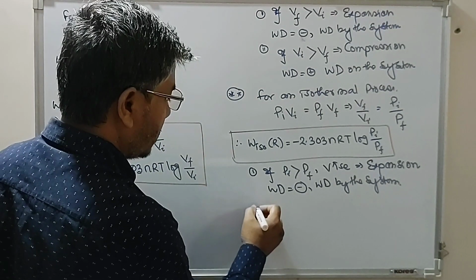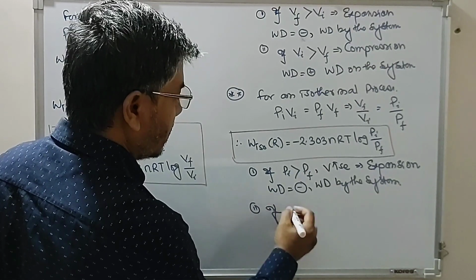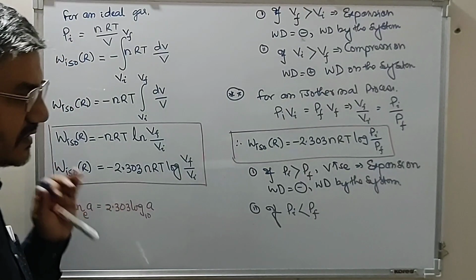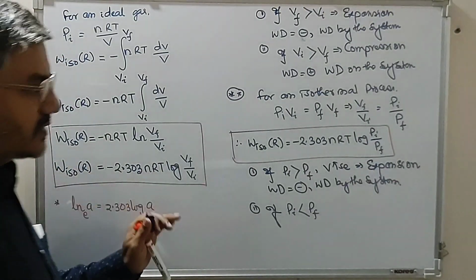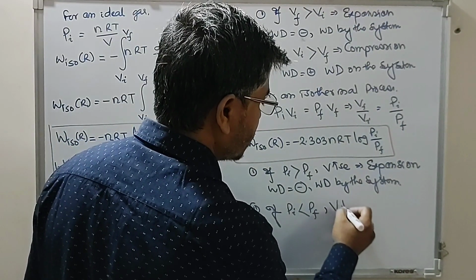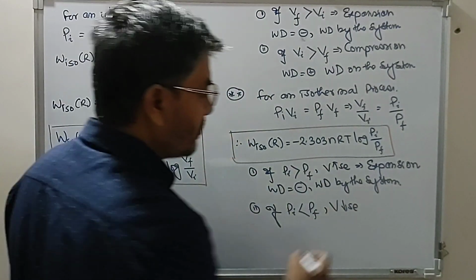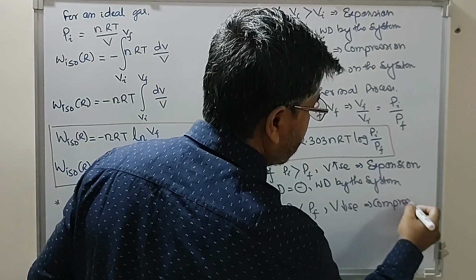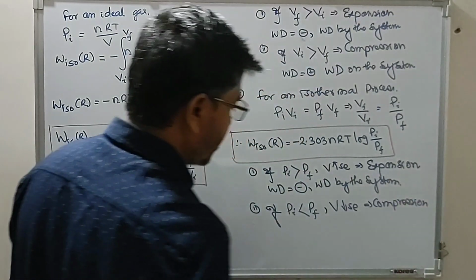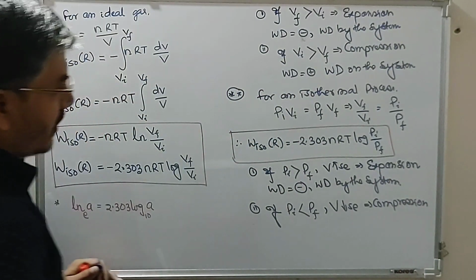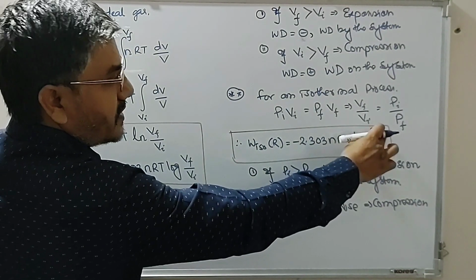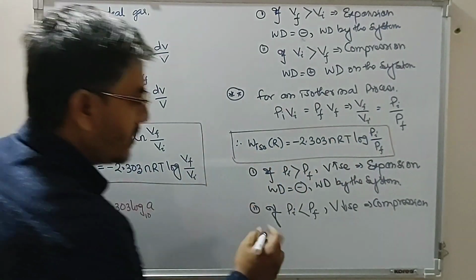If the initial pressure is less than the final pressure, there is an increase in pressure, so volume has to decrease. Decrease in volume means we have compression work. Now look at this. This ratio is less than 1, so log of something less than 1 is negative, so this comes out to be positive.